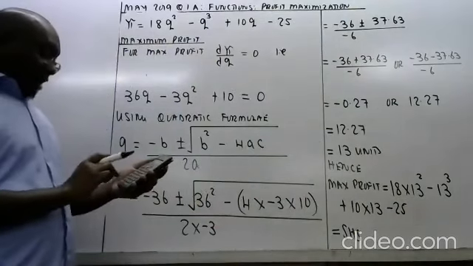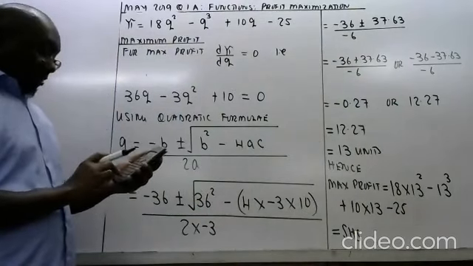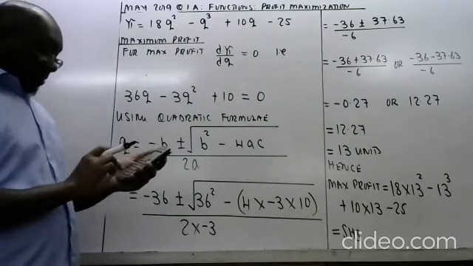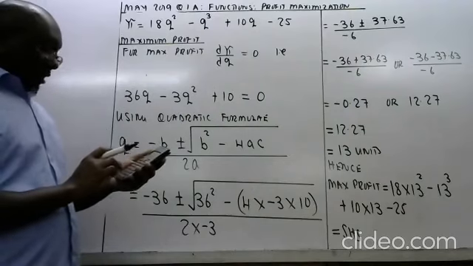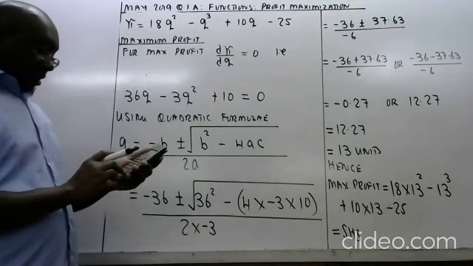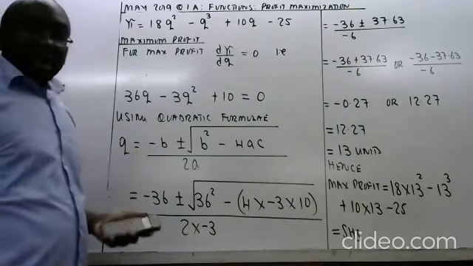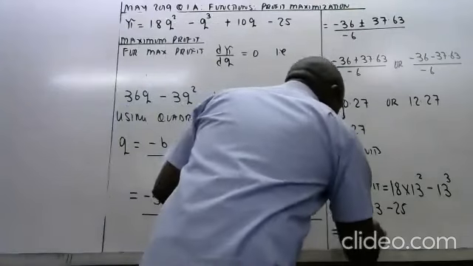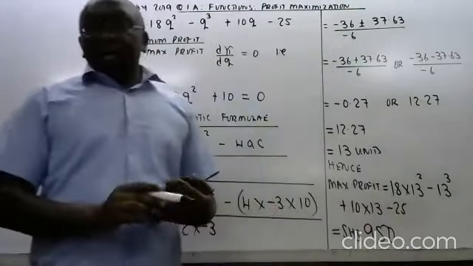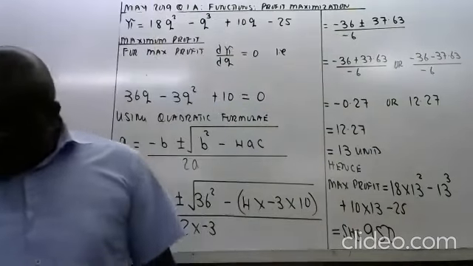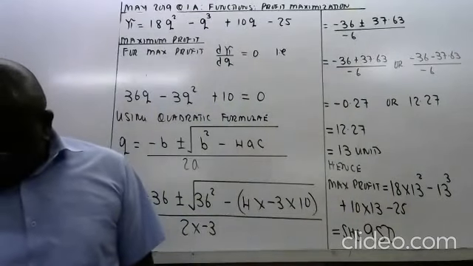So if you argue that way, it should be 18 times 13 squared minus 13 cubed plus 10 times 13 minus 25. I'm getting 950. Is that okay? If you are okay, say I agree.